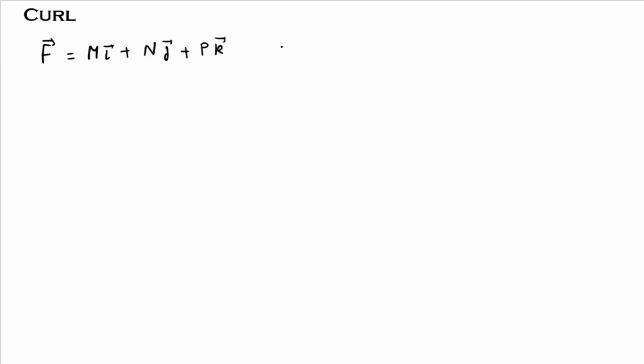Here, m, n and p are functions of x, y and z. Then the curl of f is defined as the determinant of i, j, k.